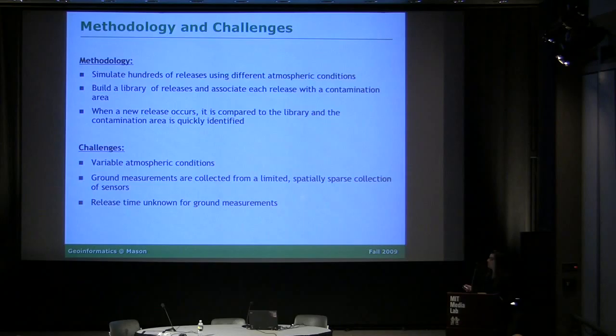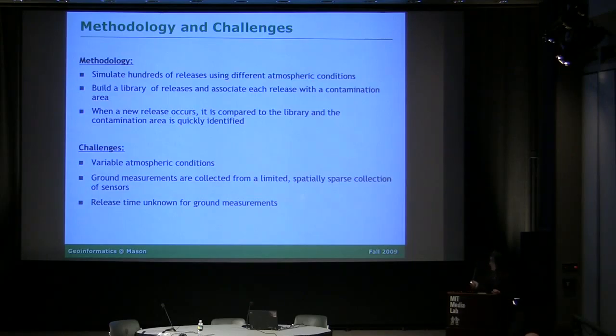So we worked with application domain experts, and we simulated hundreds of types of releases using different atmospheric conditions, in terms of winds, density, and atmospheric models. We built a library of these releases and simulated how they would affect certain areas of interest. When a new release is identified, it is compared to the library, and the contamination area is identified based on that.